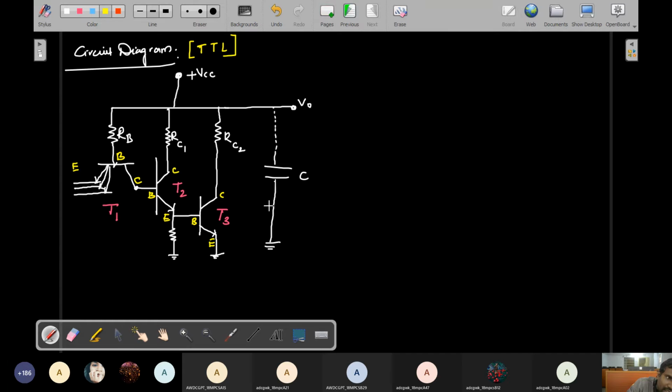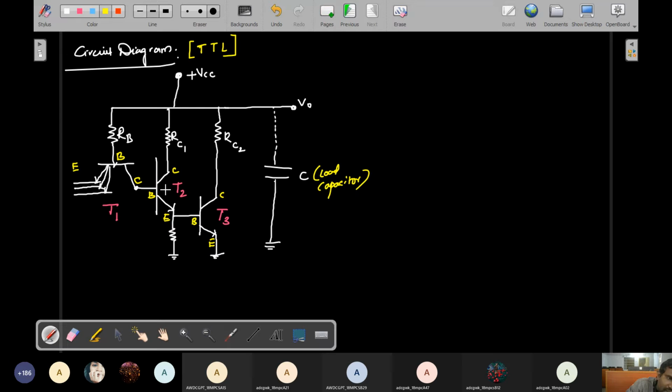And finally we are collecting the output voltage at these two terminals, because here we are using a capacitor to store the charge. Why are capacitors used? The complete energy is stored in this capacitor. Whatever energy is delivered in these transistors will be stored in this capacitor. Here it is a load capacitor actually. It is called a load capacitor.